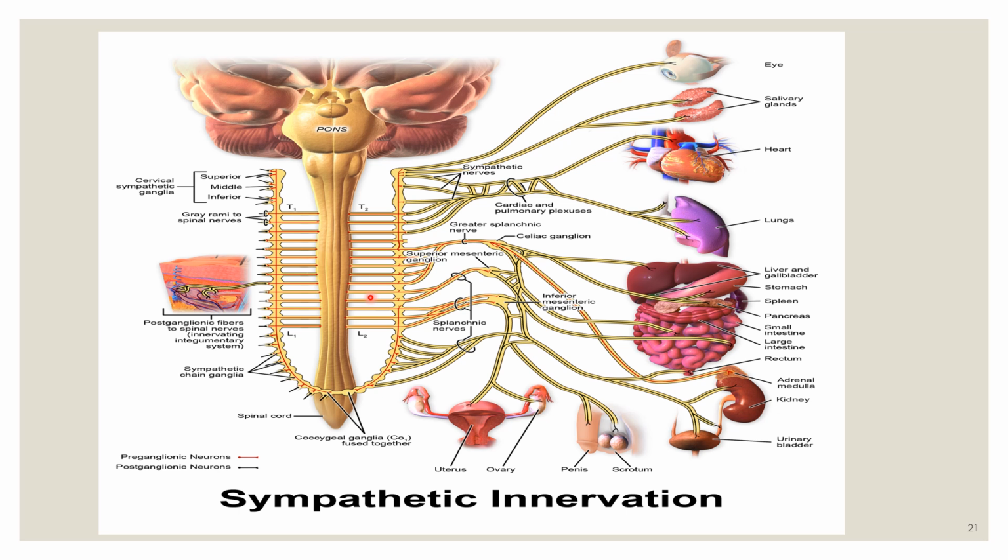T6 to T12 to upper abdominal viscera. L1 to L2 to lower abdominal viscera. And T1 to T12 to thoracic and abdominal viscera. So this is the segmental level of the preganglionic neurons. Okay, so postganglionic fibers will go to the respective viscera.